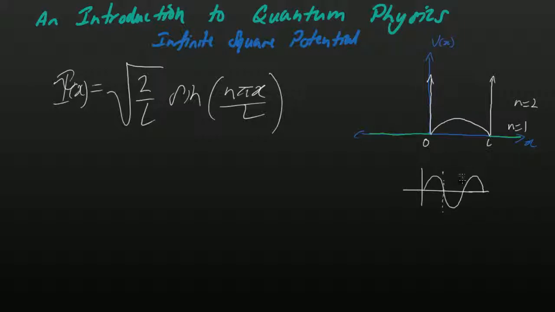It will be to this point here, so like this. And n equals 3 is to that point there, and so on. It's fantastic. Well, there you go. That's how you go about it, at least from 0 to L, for the infinite square potential. Hope you enjoyed it. I certainly did.